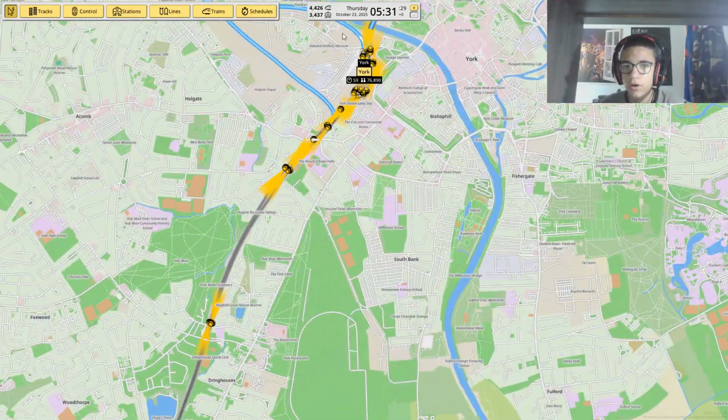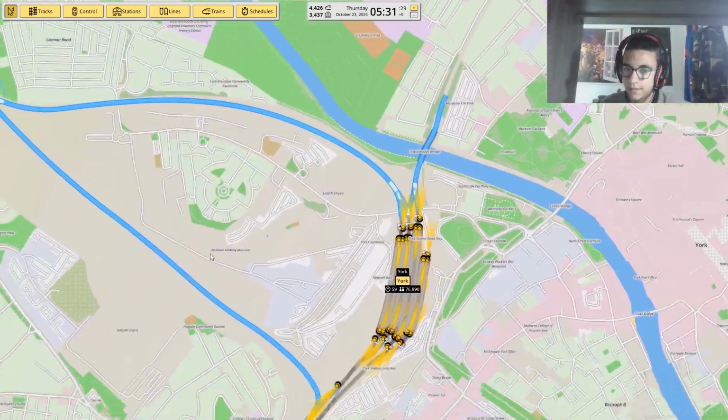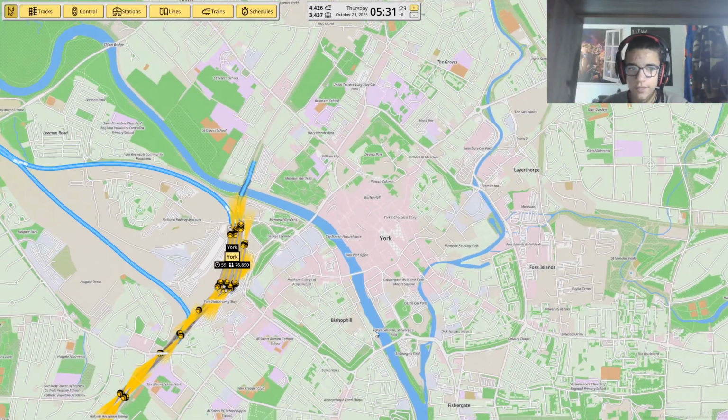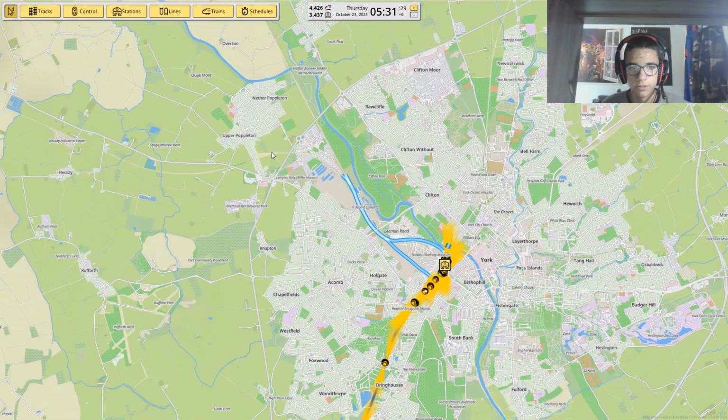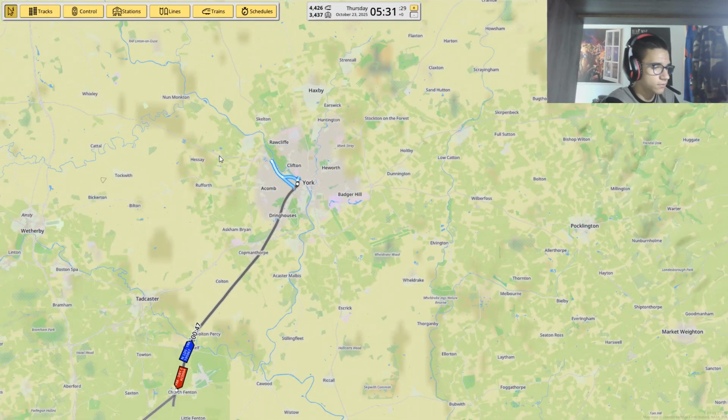So we've got all of our branches out, and I think we're fully ready to go. And this is our junction here that goes all the way down to Poppleton. So we're going to actually start from York, and then we'll eventually join up at Nesborough.